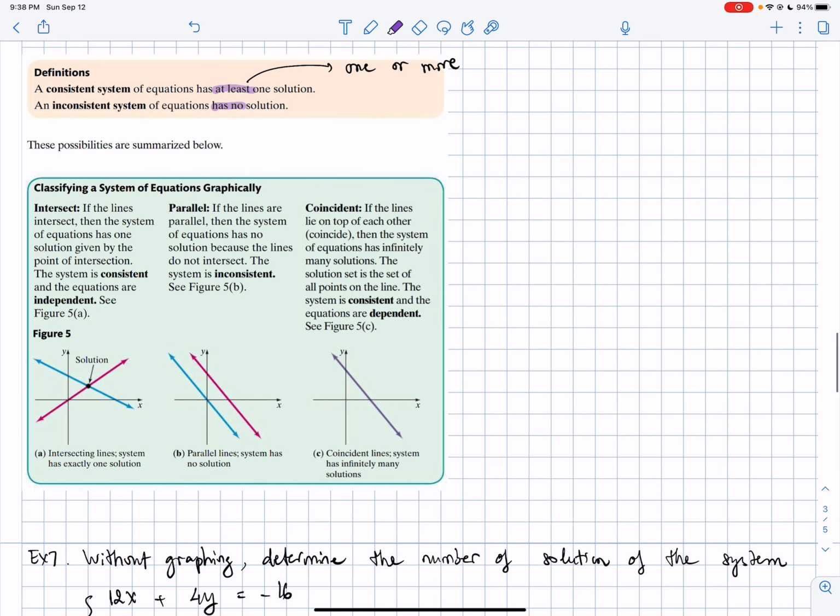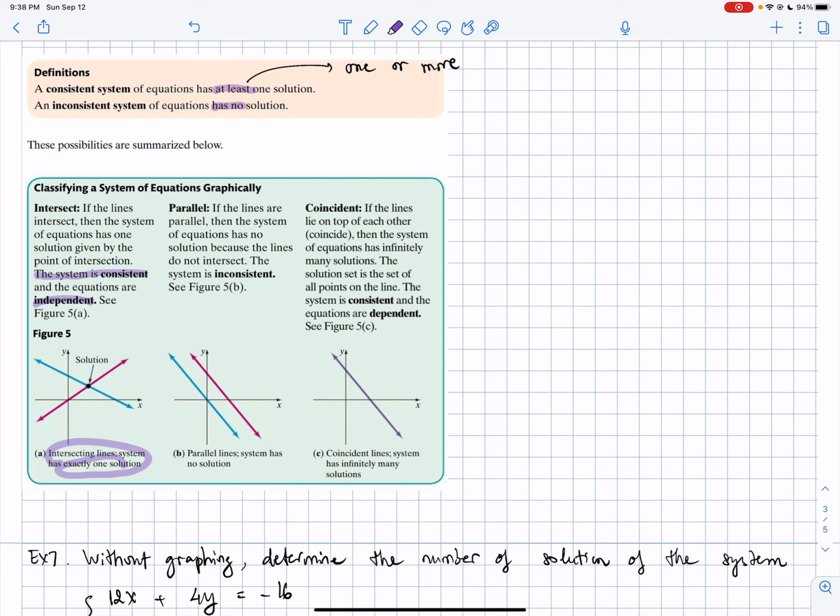So we have three situations when we have two lines. The system may have exactly one solution, when the two lines meet each other at one point. So we say the system is consistent and the equations are independent.